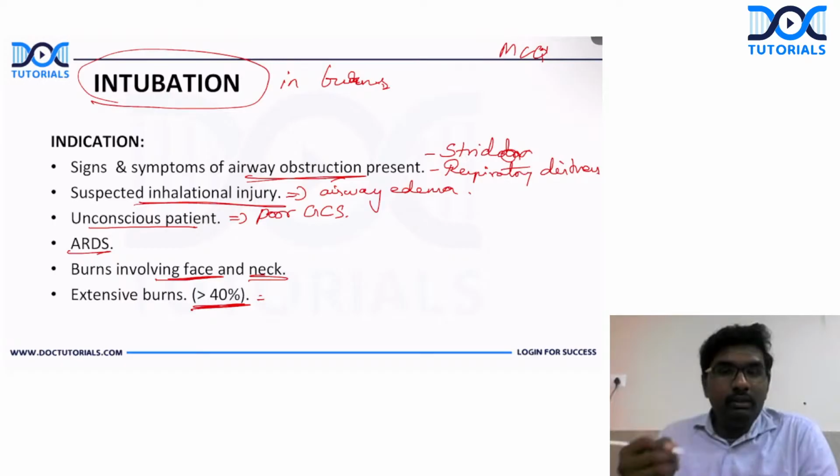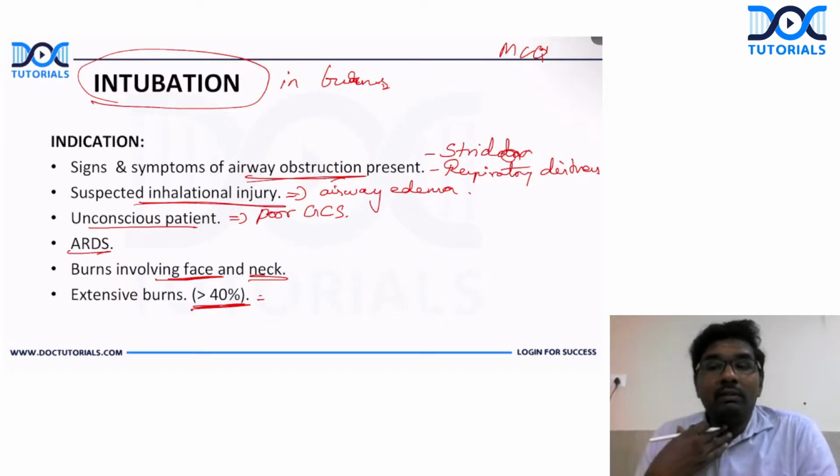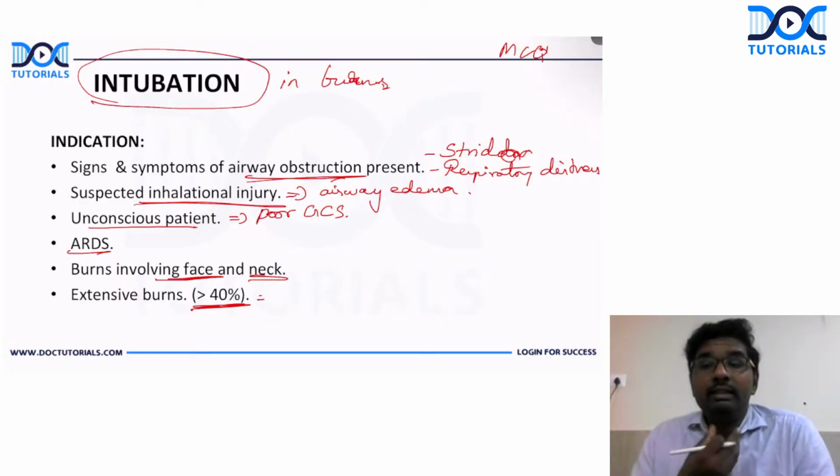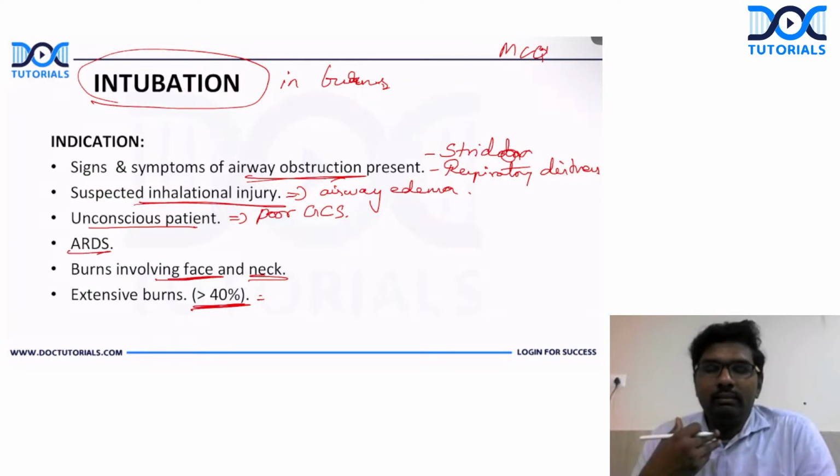That again I will repeat. The indications for intubation in burns are signs and symptoms of airway obstruction like stridor and respiratory distress. When you suspect an inhalation injury, you are supposed to intubate, because this can cause airway edema, and this airway edema can obstruct the breathing pathway and trachea. When the patient has a poor GCS, we are supposed to intubate to maintain breathing.